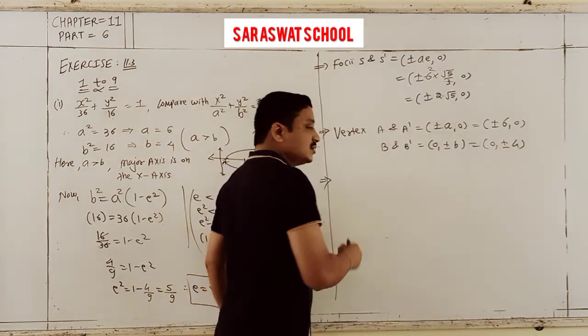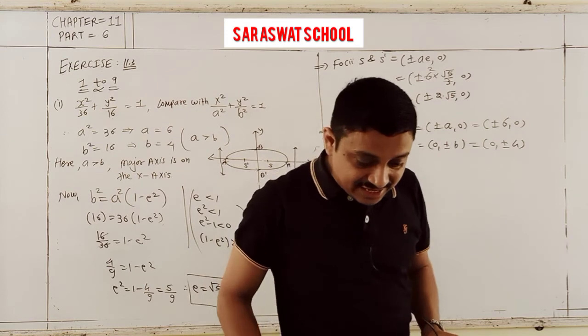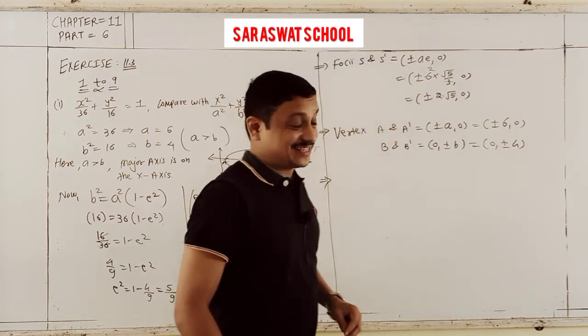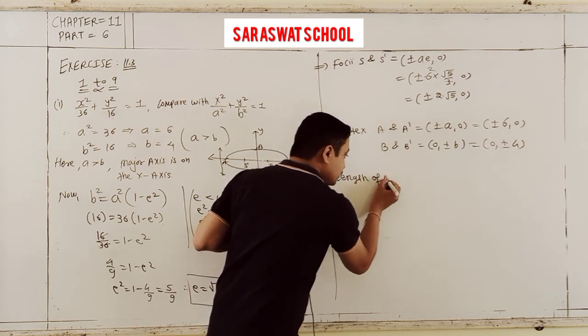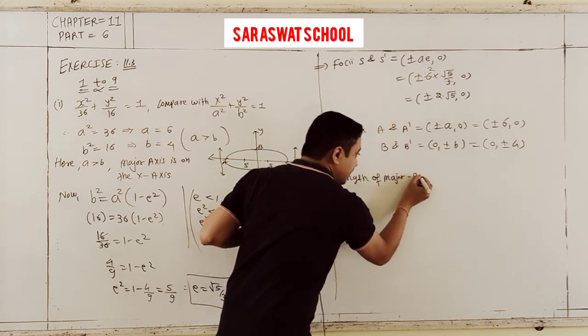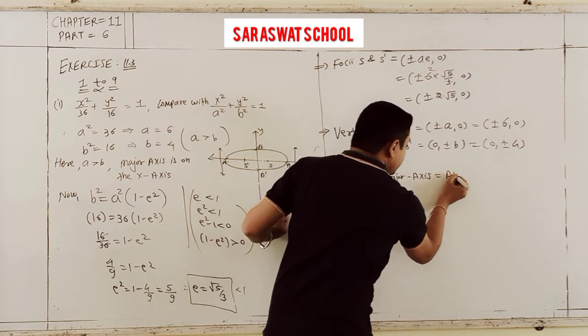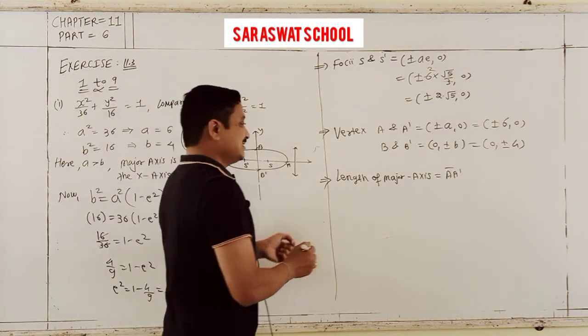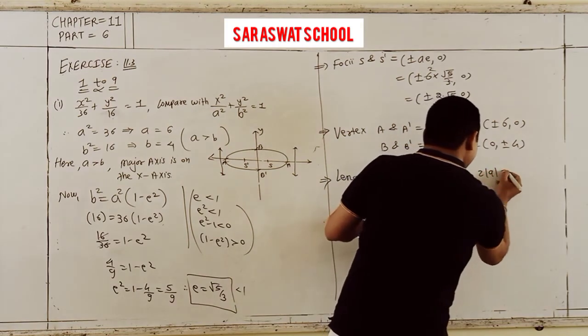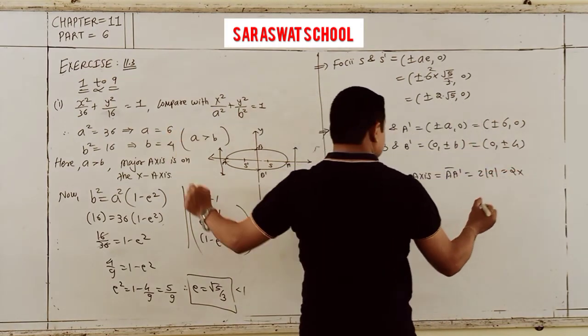Now continue. The next question asks for the major and minor axis lengths. The length of the major axis, AA dash, will be 2 modulus a. And what's a? 6.